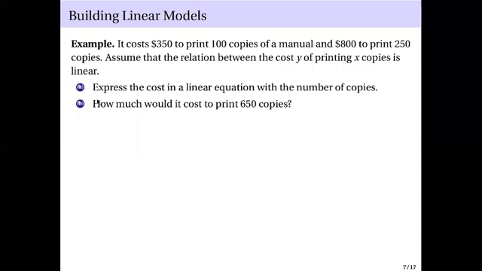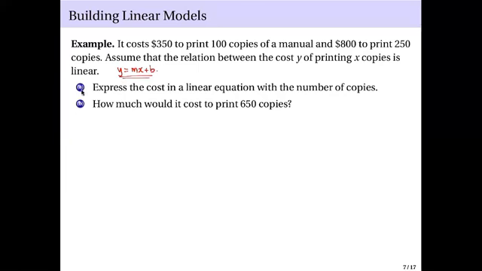So in here, you have your y equals mx plus b, because we are assuming that the relation between y and x is linear. So it must be of this form.